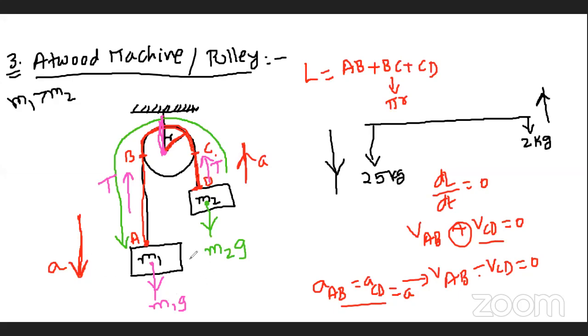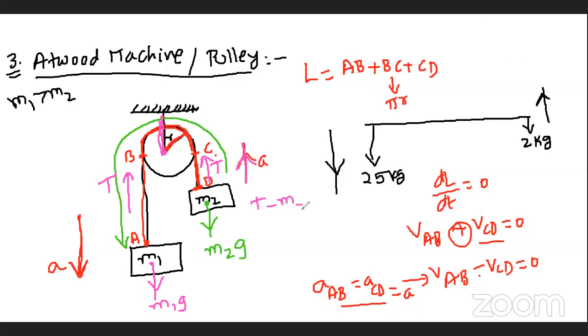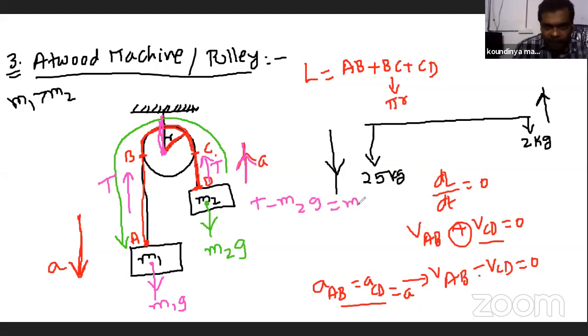Now I can write the equations in two manners. First manner: whenever it is accelerating upwards, the upward force is more than the downward force. That means I can write T minus M2G is equal to M2A.